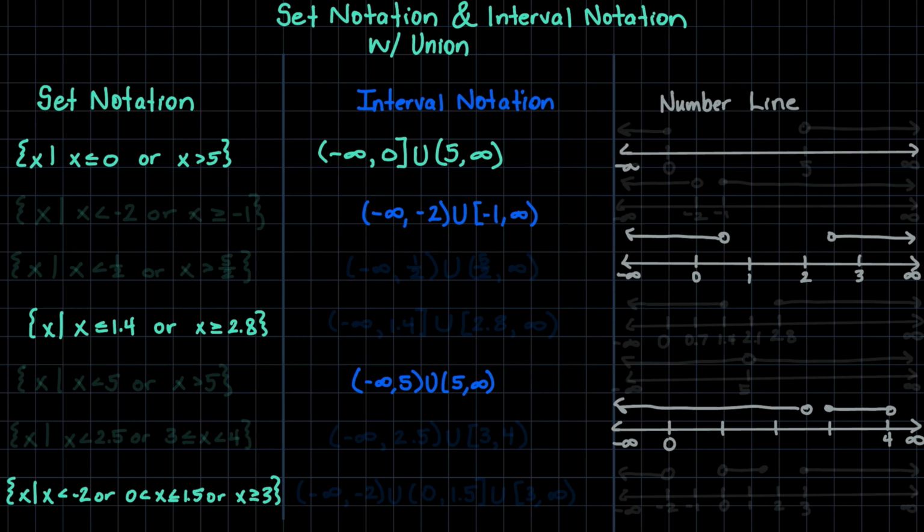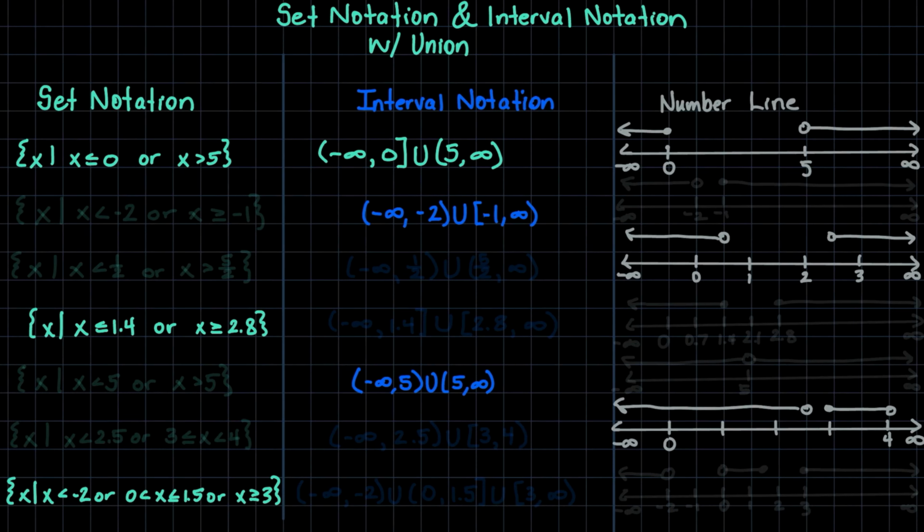So on our number line, 0, 1, 2, 3, 4, 5, 0 included and travels to the left toward negative infinity. 5 not included gets an open circle, travels to the right. So all the numbers bigger than 5, not including 5, all the numbers less than 0, but including 0.